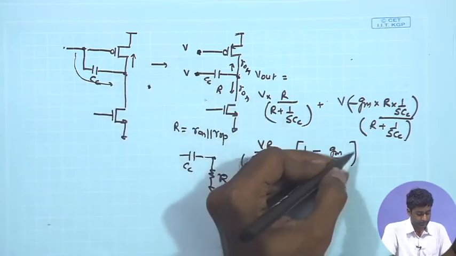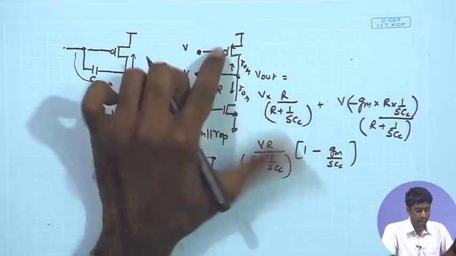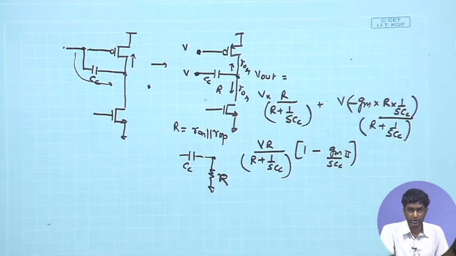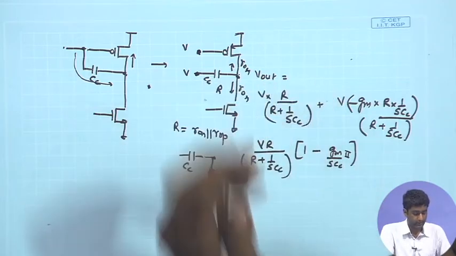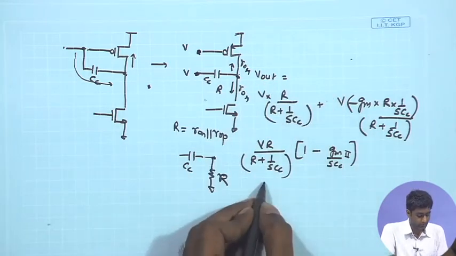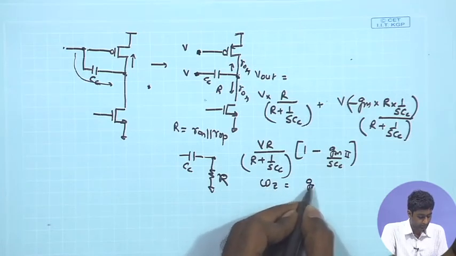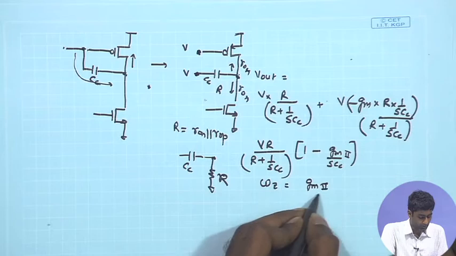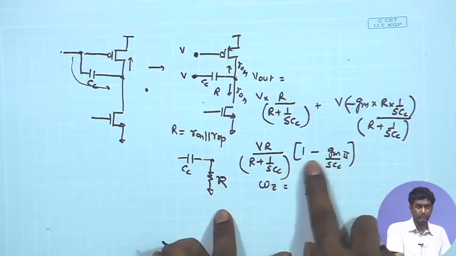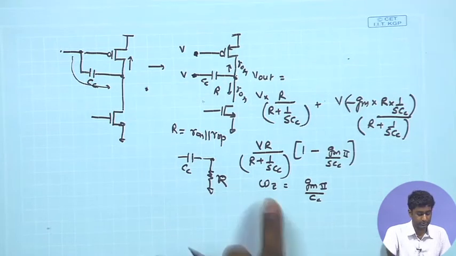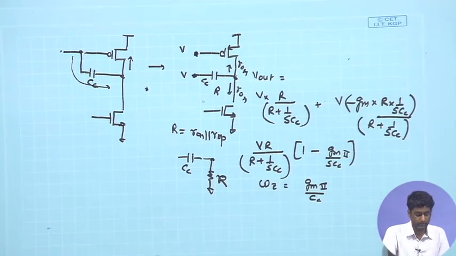Let me call this GM2, because ultimately this is the GM of the second stage. So, following our previous notations, I should write it GM2, and as a result I have the omega 0 given by GM2 upon CC, because at that frequency this term will be cancelling out and you will get an overall gain approaching 0. So, this is the 0 frequency that we are going to have.